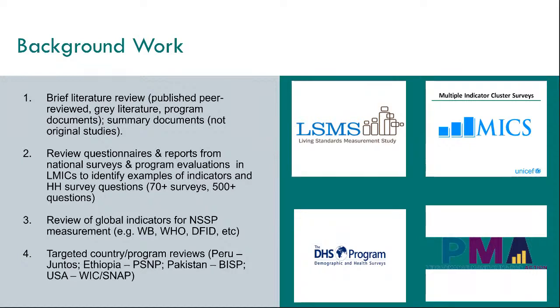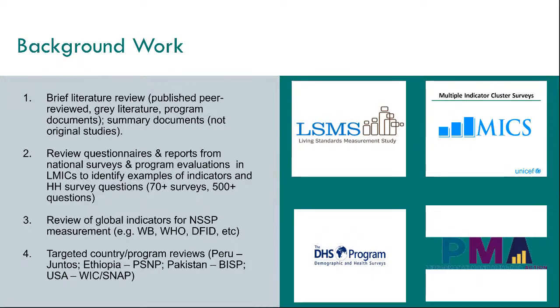Secondly, we went ahead and reviewed questionnaires and reports from national surveys and program evaluations conducted within LMICs to identify examples of indicators and household survey questions. In total, we reviewed over 70 surveys and identified over 500 unique questions.